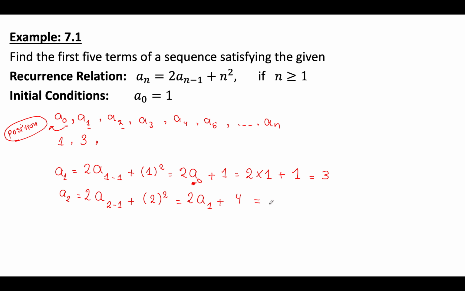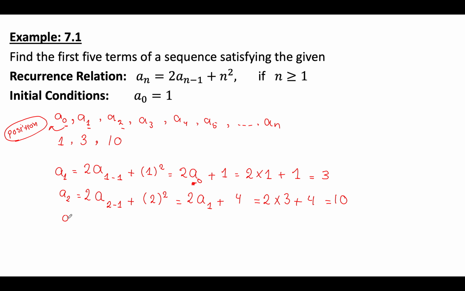And here 2 times a1, where a1 is equal to 3, so 2 times 3 plus 4 is equal to 2 times 3 is 6, and plus 4 is equal to 10. So here we got that a2 is equal to 10.